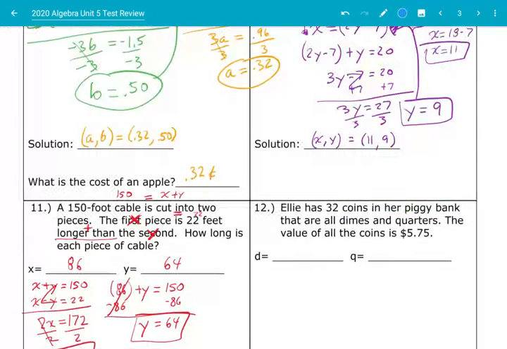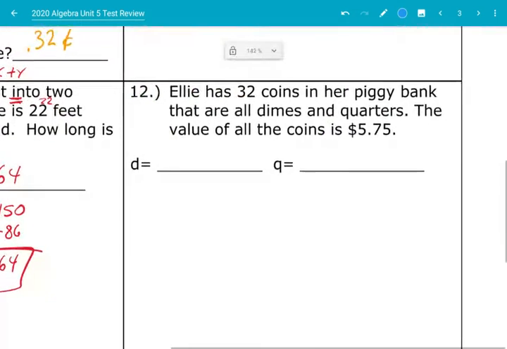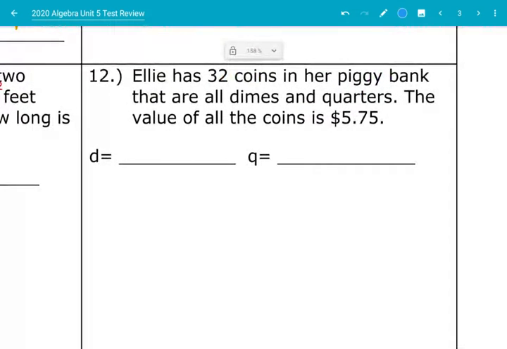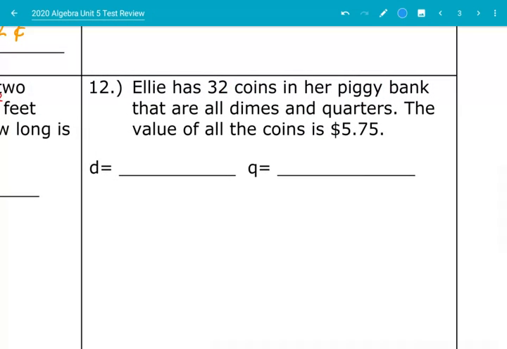Let's get some. Ellie has 32 coins in her piggy bank that are all dimes and quarters. The value of all the coins is $5.75. Okay. Well, this is a little unlike the other ones, but we have two types of numbers that we can count.